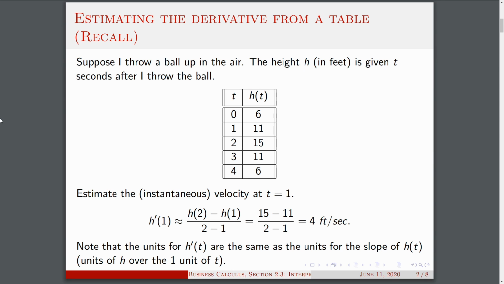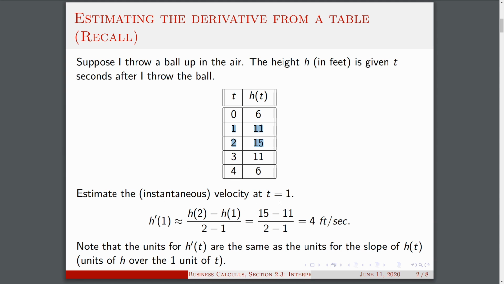Remember before we talked about how to estimate the derivative from a table. Basically, you just use the average rate of change formula, since the slope is the derivative in a sense. So we could estimate the derivative when t equals 1 just by using the average rate of change between t equals 1 and t equals 2.